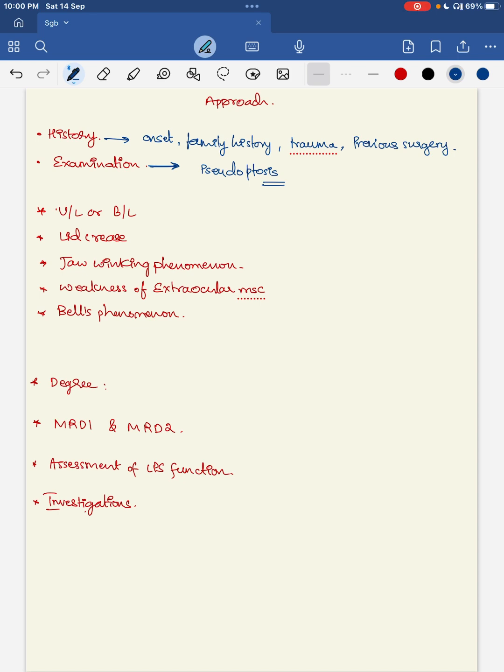Things like microphthalmia, phthisis bulbi, hypotropia, and dermatochalasis would cause it. In microphthalmia, there would be no pressure from the globe to push out the eyelid. If this is the eyelid and this is the globe, since the globe is too small, there is no pressure on the eyelid to move it out.